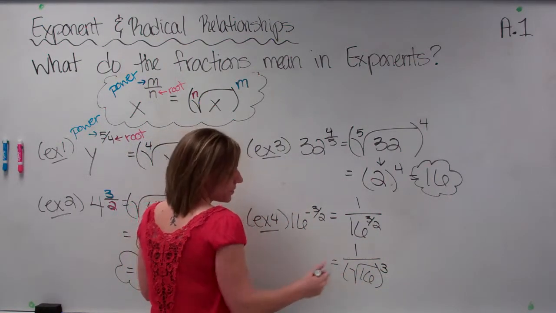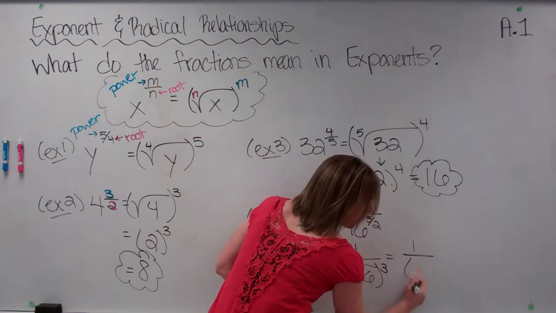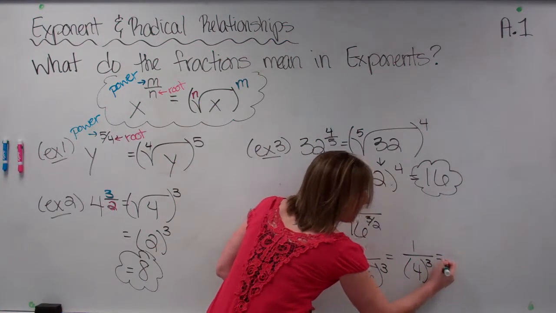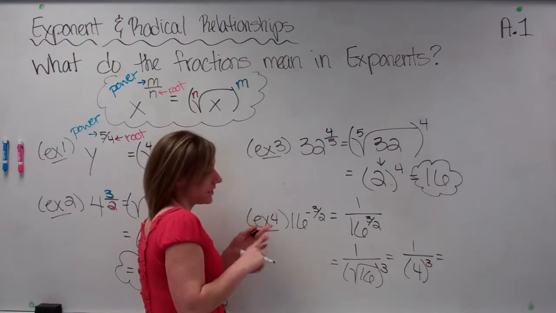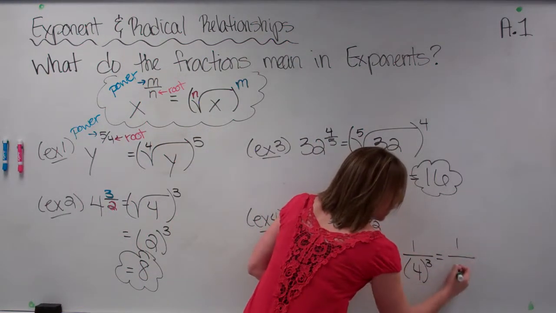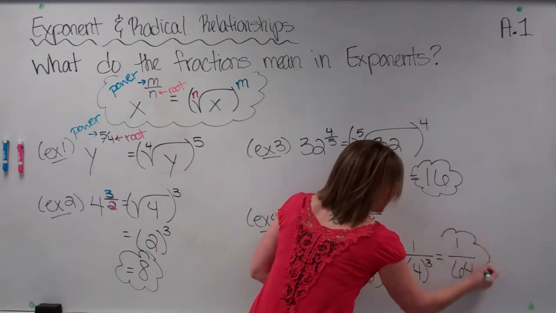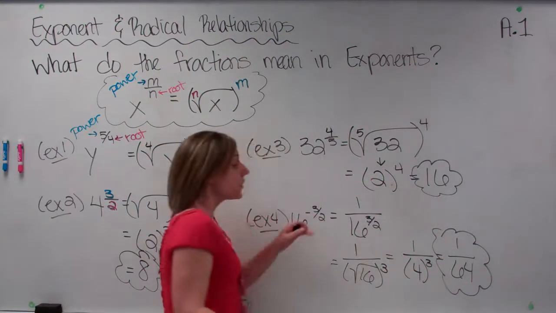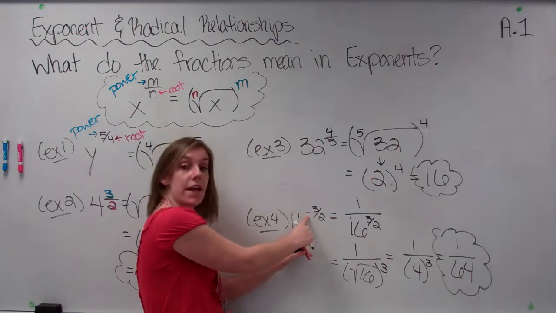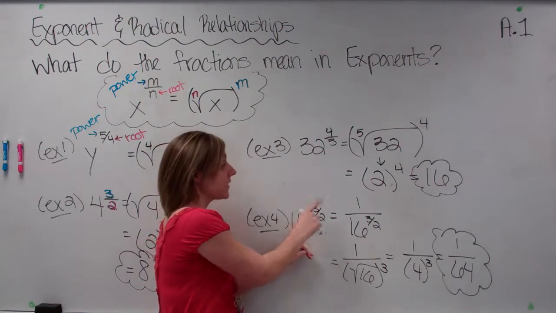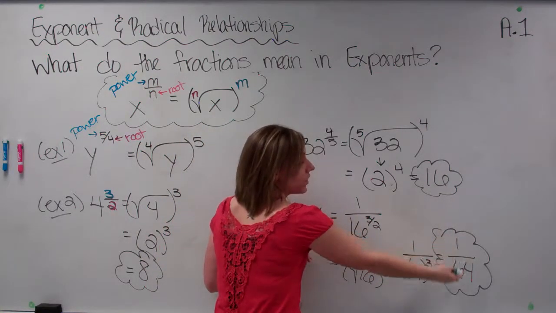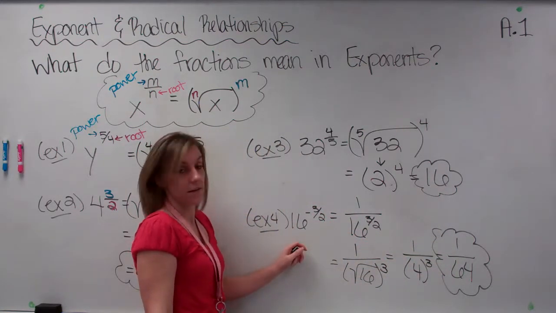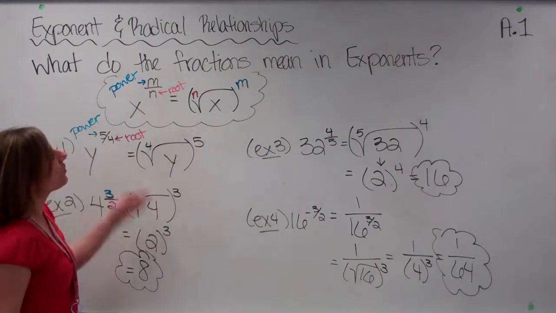All right, so we know that the square root of 16 is the number 4. Then 4 to the third, you could say 4 times 4, that's 16. 16 times 4, put it into your calculator and you would get a 64. So the only difference with this one is that I threw in a negative to remind you that negatives, remember, will flip. So instead of the answer being in the numerator, it's just 1 over that number instead.